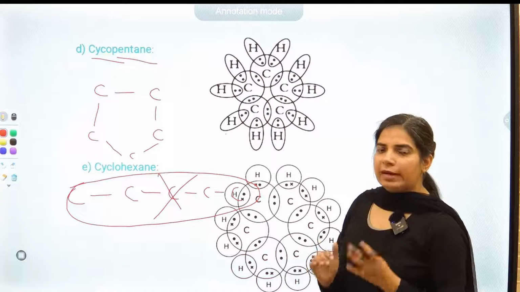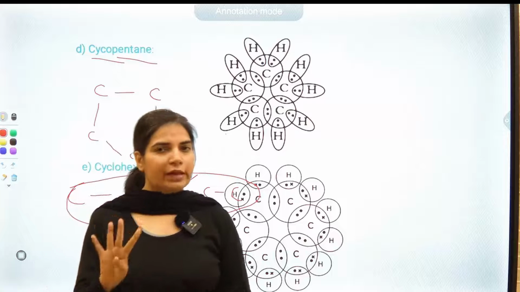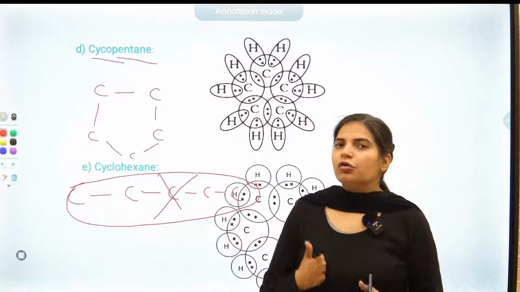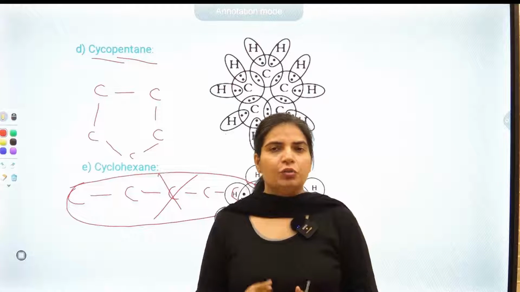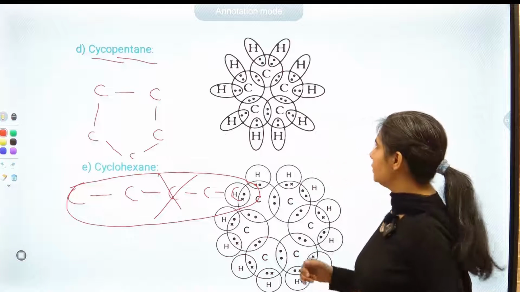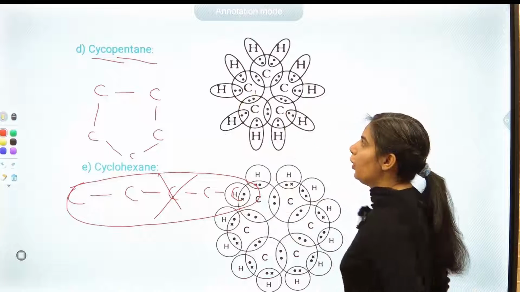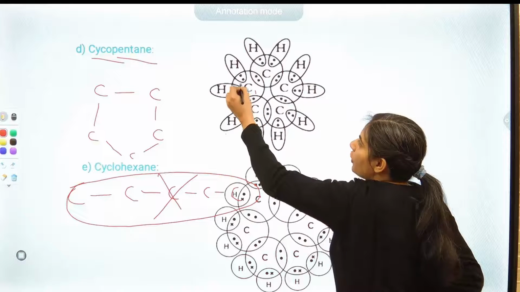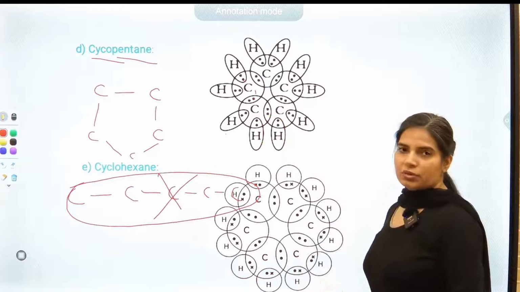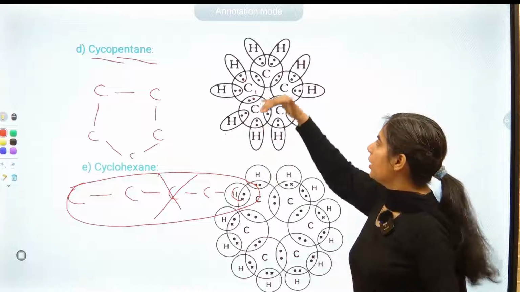And if I discuss about the ring structure, here we know that carbon is having 4 electrons of its own and carbon needs to complete its octet. In order to complete the octet, carbon needs to gain 4 more electrons. Let's see how carbon is completing its octet. Say this is carbon 1 and it has 4 electrons of its own. And the rest 4 electrons are shared by hydrogens and neighboring carbon.